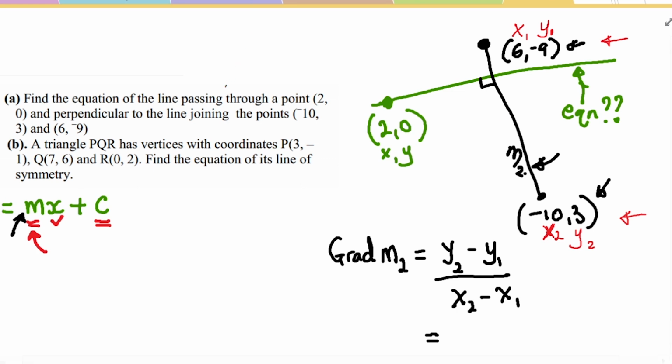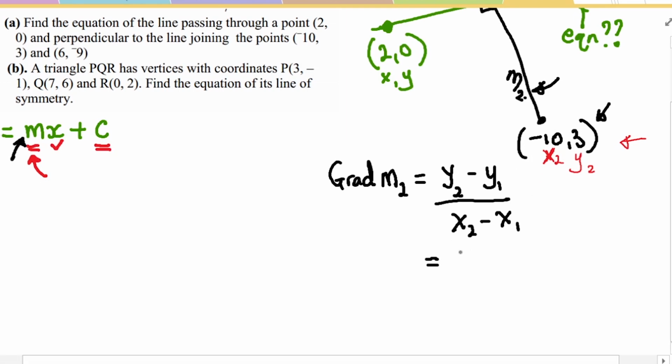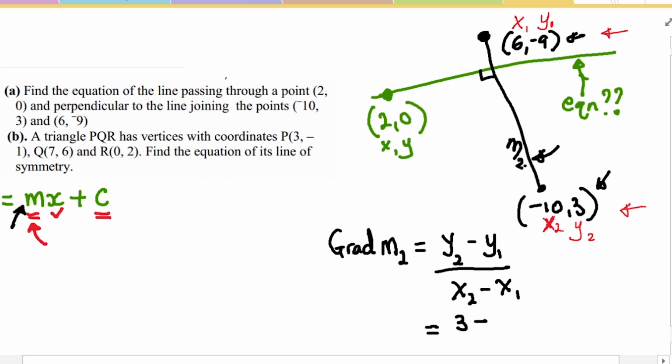So we shall come here and say what is y2. Our y2 is 3. So this is going to be 3 minus y1. Our y1 is -9. So it's 3 minus -9. Divide that by x2. Our x2 is -10 minus, what is our x1? -6.